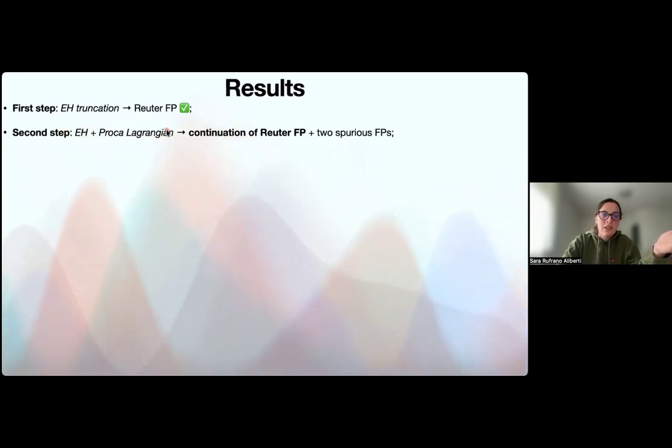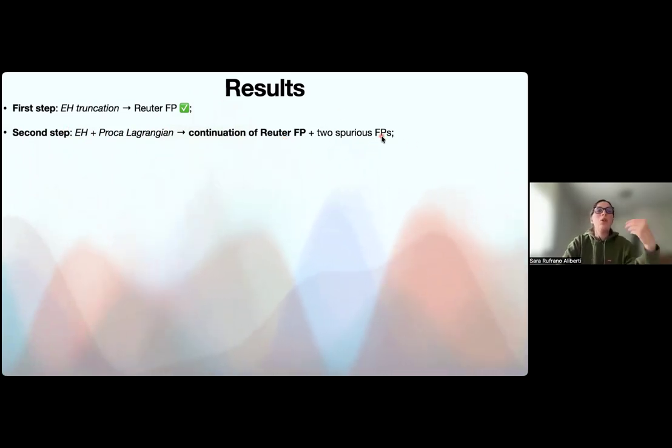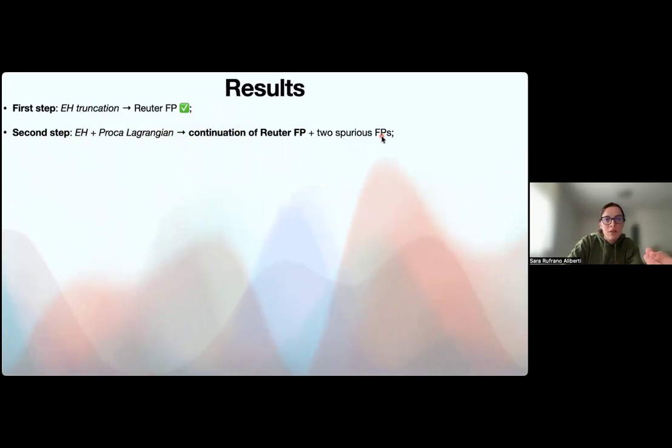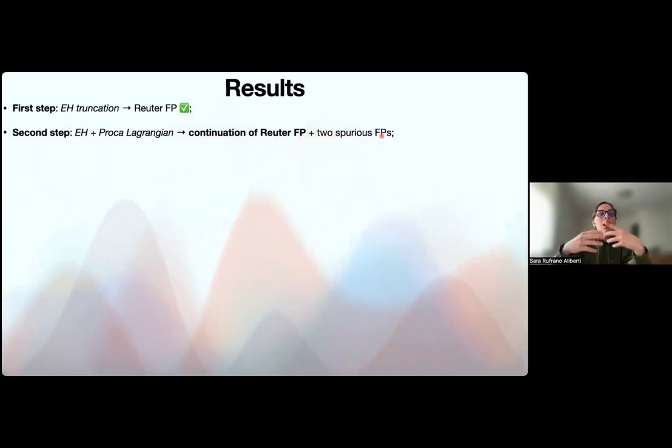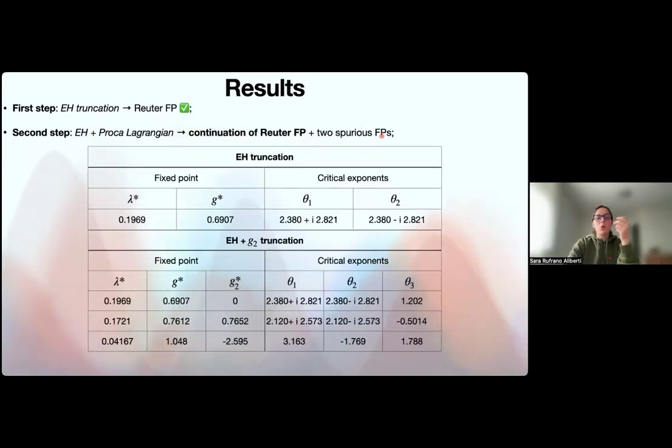And at this step, we got the continuation of the Reuter fixed point plus two spurious solutions. Spurious because they disappeared starting from the next step, and they disappeared in the sense that each of them became, starting from the next step, a complex conjugate pair. That's why they disappeared. So in this table, I show you our results for the first and second steps.